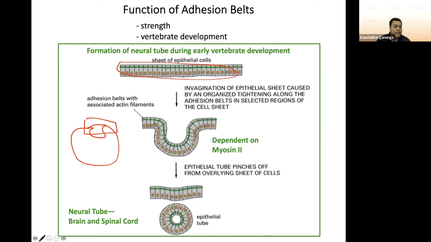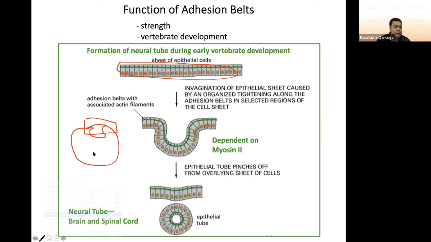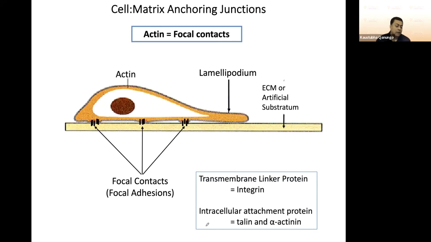That's basically the idea that you are looking at. So this is going to get away, and that's going to form the neural tube on the top. So from these epithelial cells, that's how this is formed. All right, so that's your adherence belt.